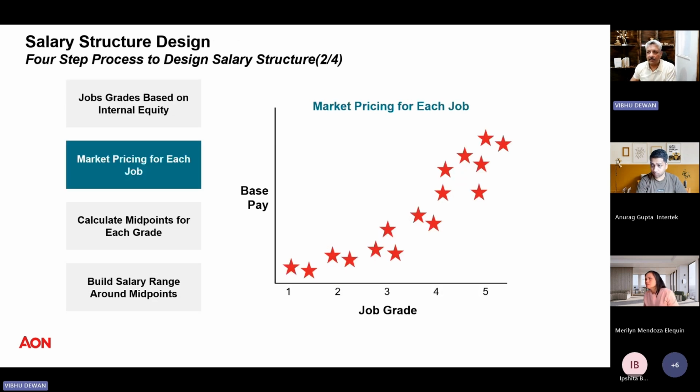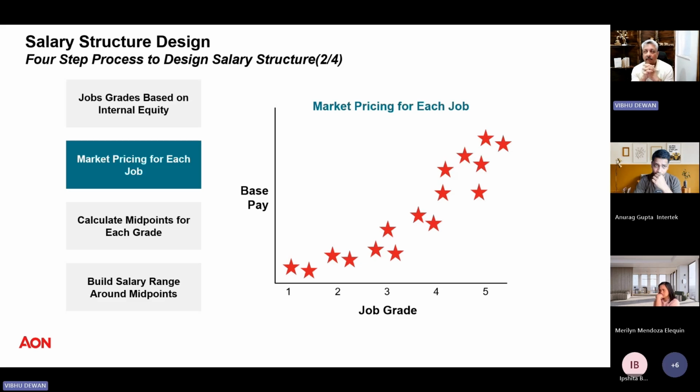Now the second step is, now you have all the base salary and all the job grades, and you create the market pricing for each. And in some situations, you have higher job evaluation scores and may not claim to have been paid higher.